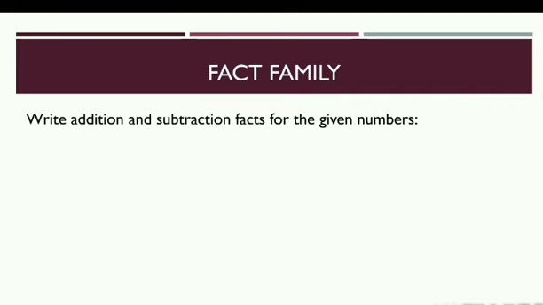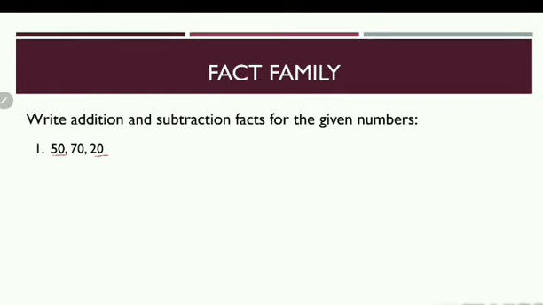Fact family we write in addition as well as in subtraction. So let's see an example. The numbers given are 50, 70 and 20. So first we will see the addition fact. For the addition fact, we take the two smaller numbers and see what we get when we add them.